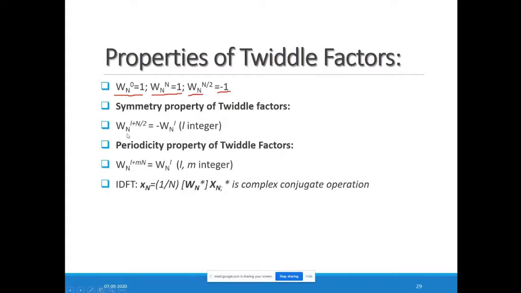So here we have written omega suffix n raised to L plus n by 2. If we expand this term, that is omega n raised to L into omega n raised to n by 2.